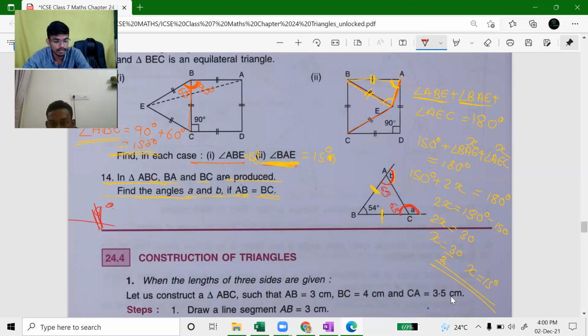How can we find it out? 180 minus 63 is 117. 117.